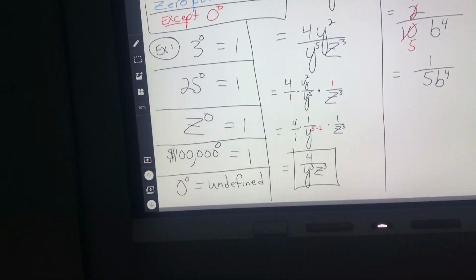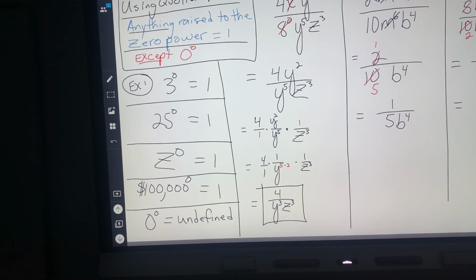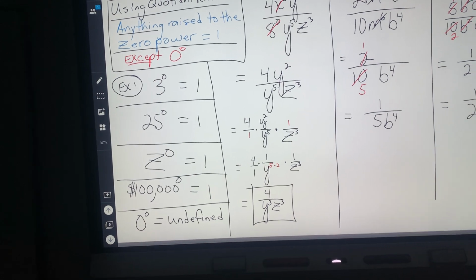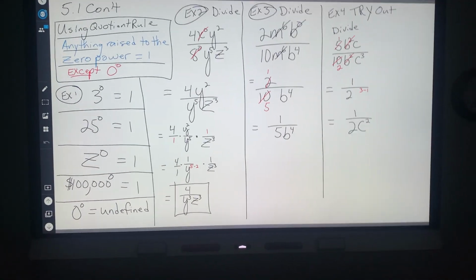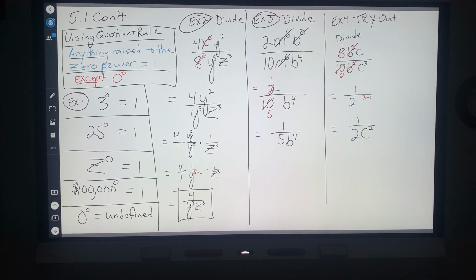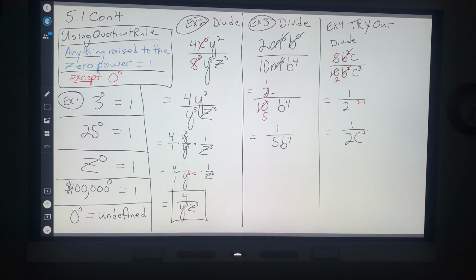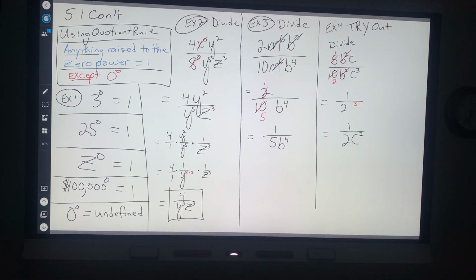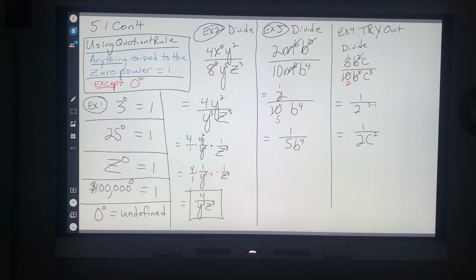When we raise something to the 0 power, the value of it becomes 1, except for 0 to the 0 power. So 3 to the 0 power has a result of 1. Anything being raised to the 0 power, except for 0 to the 0 power, is going to be equal to 1.